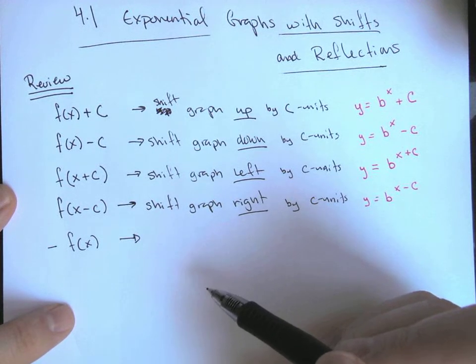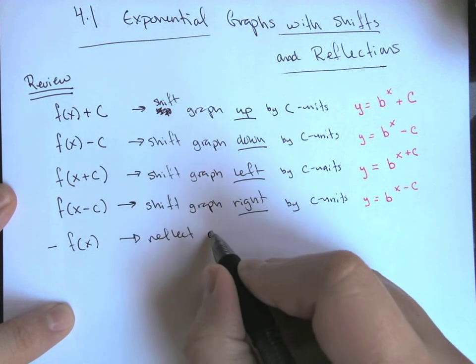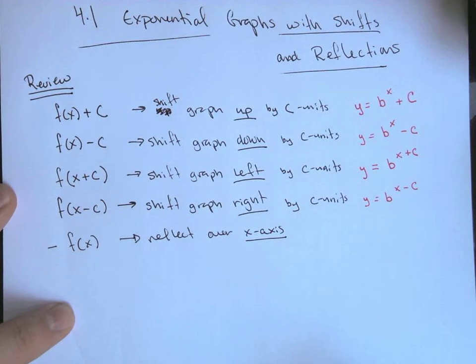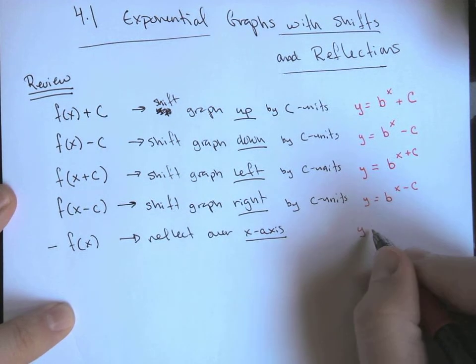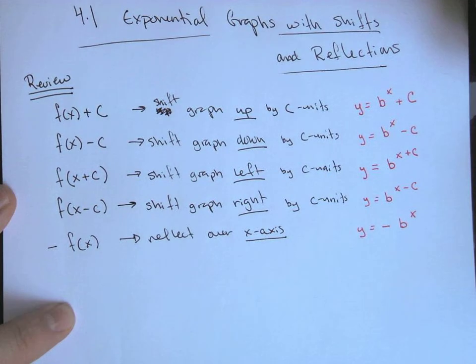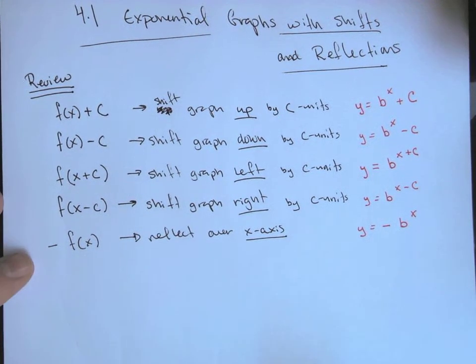So that's going to be a reflection over the x-axis. What would that look like? Well, that's just going to look like y equals the negative version of b to the x. If I just throw a negative in front of it, we always have to watch our order of operations here. This doesn't mean a negative b raised to the power. This is b to the x, and then you're doing the negative version of the result.